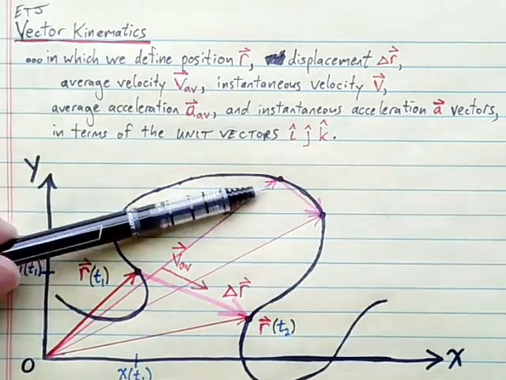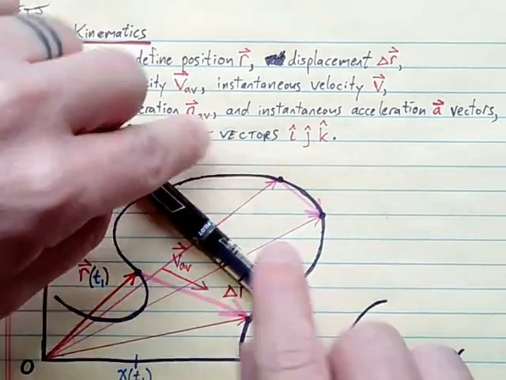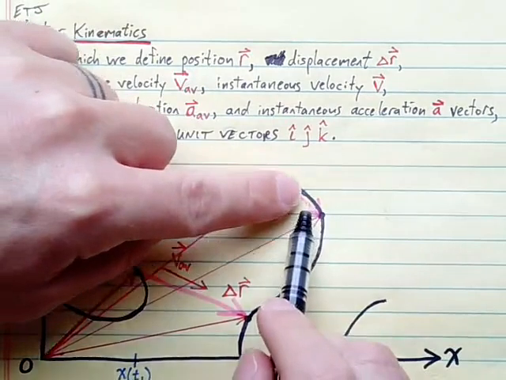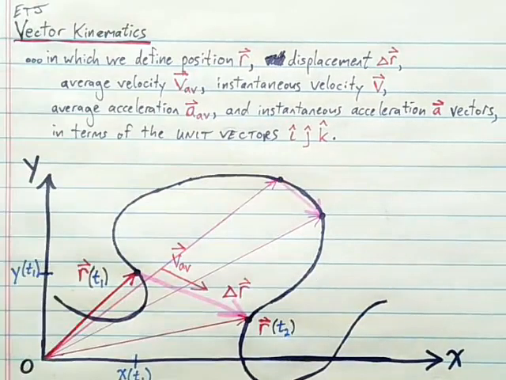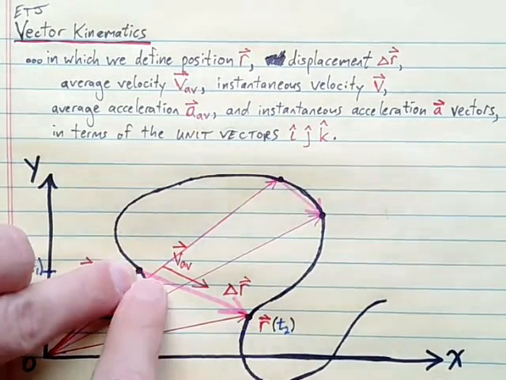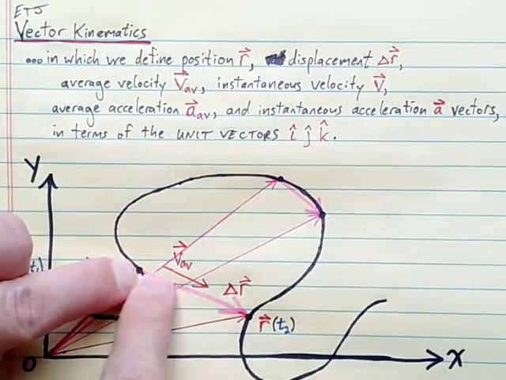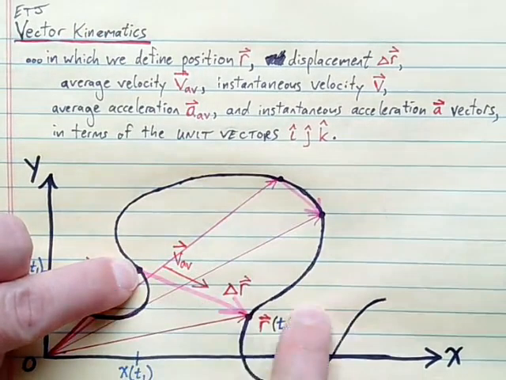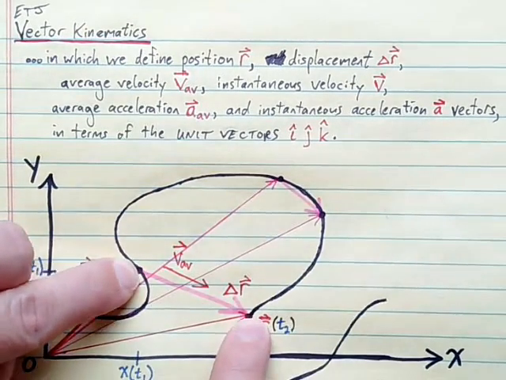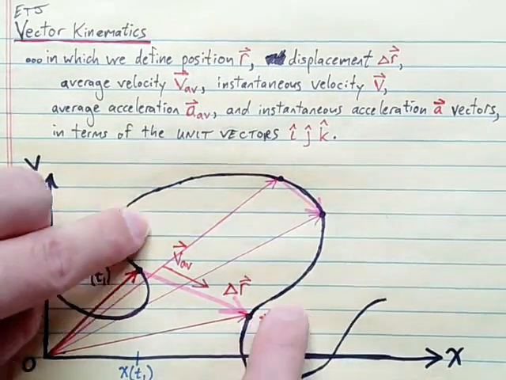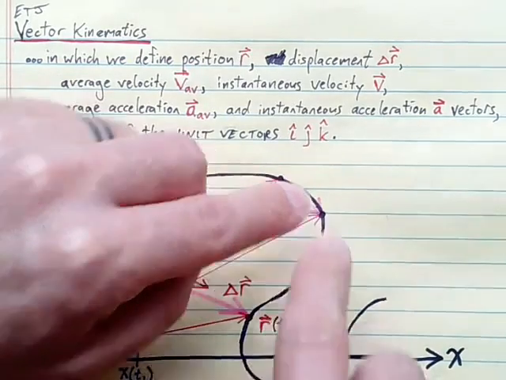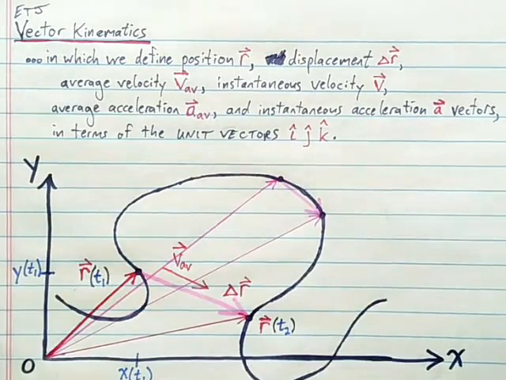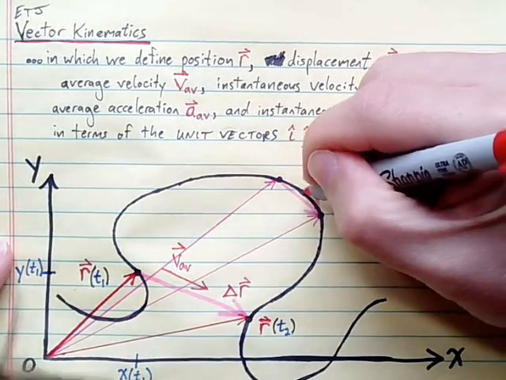The displacement vector will get smaller in magnitude as these points get closer together and become very nearly tangent to the path, such that two moments in time that are far apart have a displacement vector that doesn't bear much resemblance to the path between those two points in time. But as the time interval shrinks to 0, our displacement vector shrinks down to something infinitesimally small, but tangent to the path.